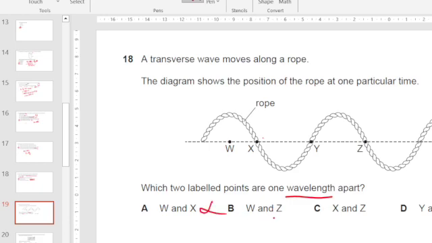And W and Z, if you see, there is no complete wave, so this is also wrong. And X and Z is a complete wave. Hence option C is a correct option. Hope you got it.